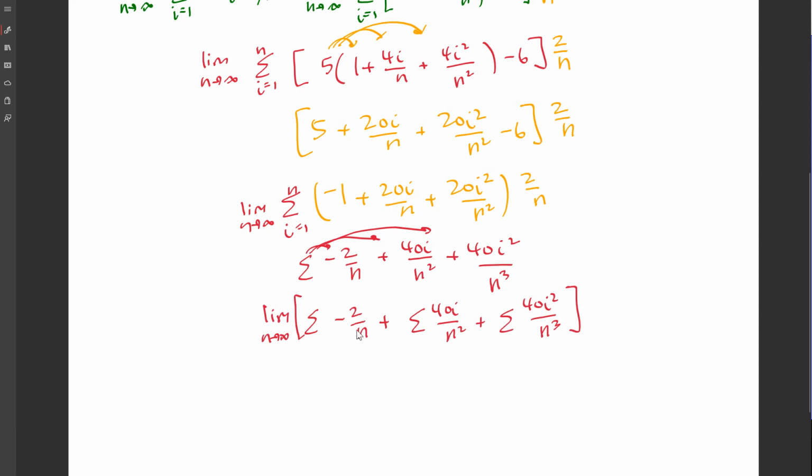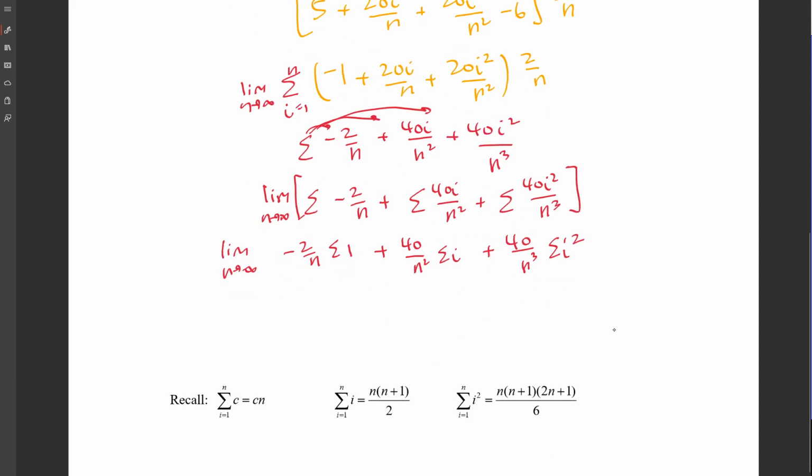This n is some sort of constant, so it can pull out of this summation sign. This 40 over n squared can pull out, but the i cannot pull out. And this 40 over n cubed can pull out, but the i squared cannot pull out. So this is really the same as negative 2 over n summation of 1 plus 40 over n squared summation of i plus 40 over n cubed summation of i squared.